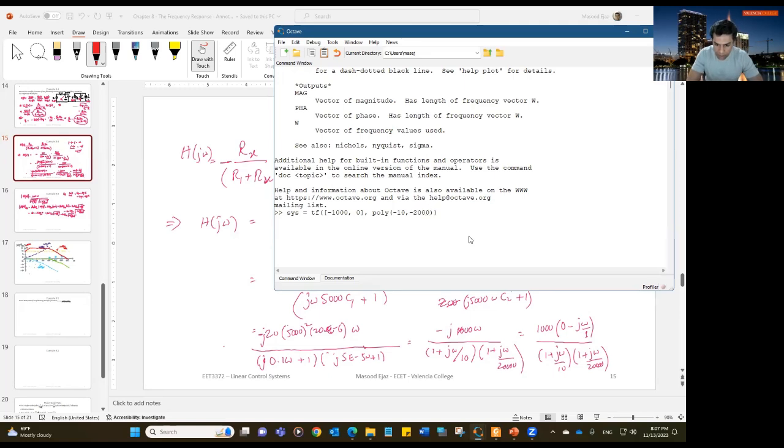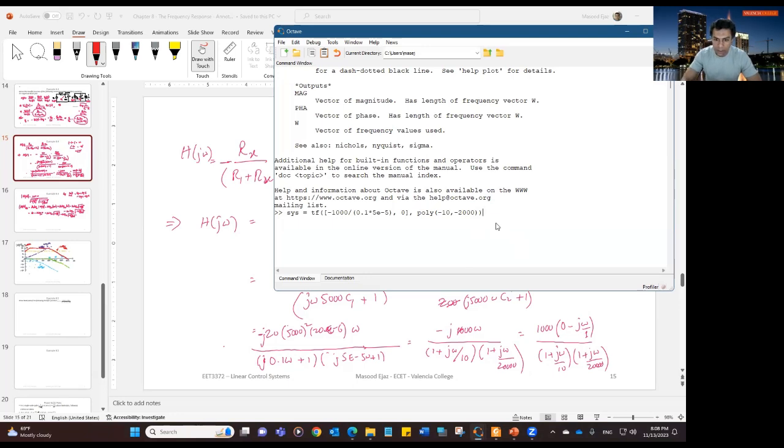And since I took those two out, 0.1 and 5 exponent negative 5, I will divide this thing by 0.1 times 5 exponent negative 5. Because I'm taking 0.1 out from here and 5 exponent negative 5 from here. All right, let's see if it works.